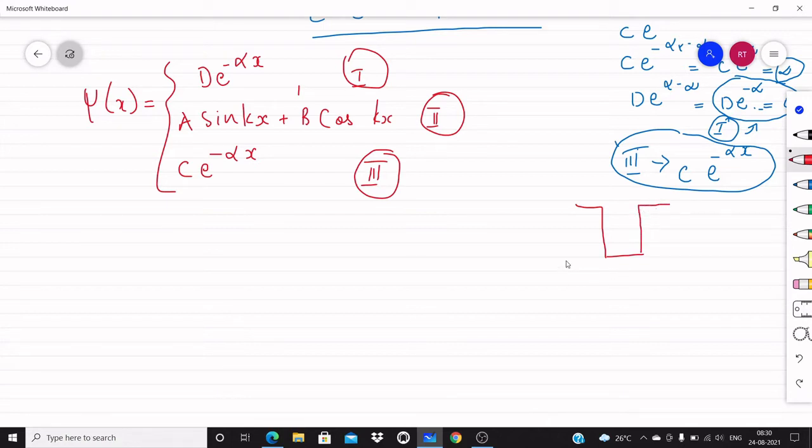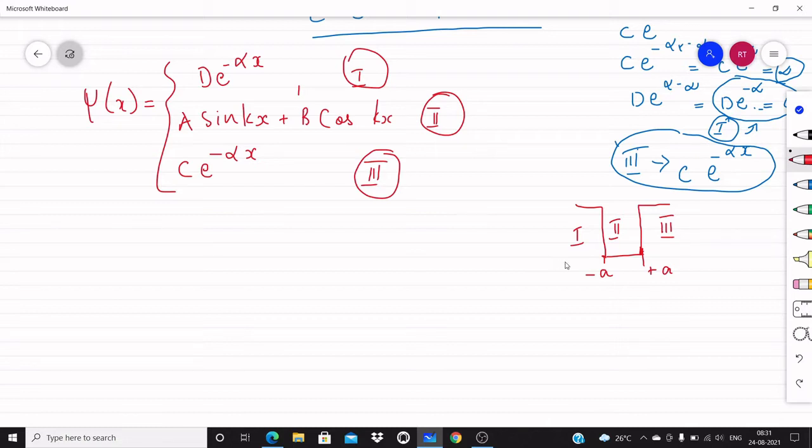The continuity property is that here you have minus a, here you have plus a. So the wave function in region 1 and 2 at minus a should be equal, and also the wave function at the boundary plus a in region 2 and region 3 should be equal, and that is what is meant by the continuity condition of the wave function.